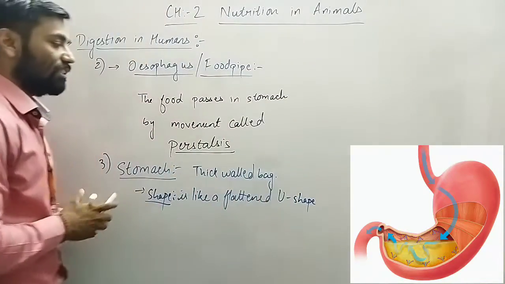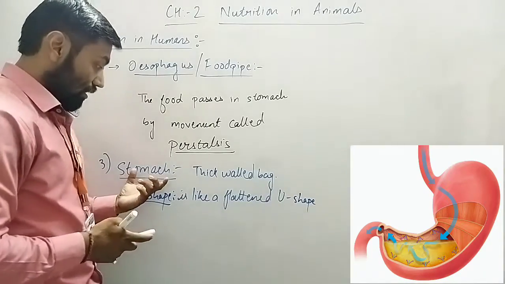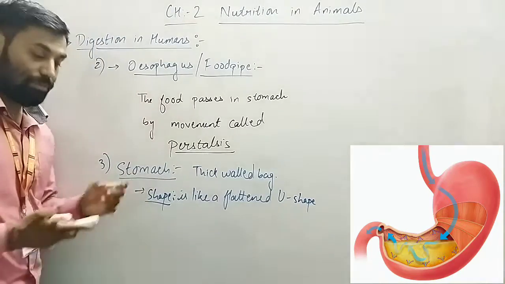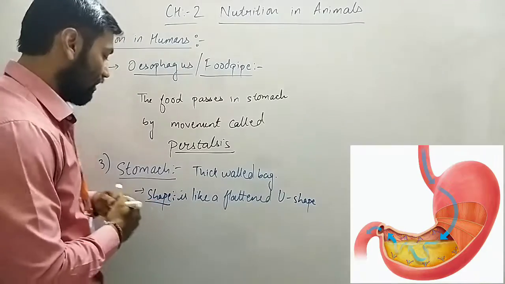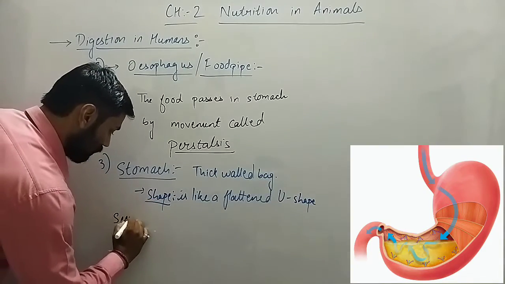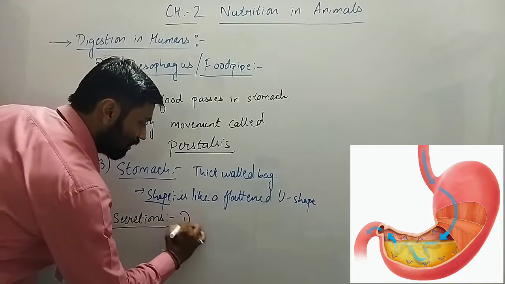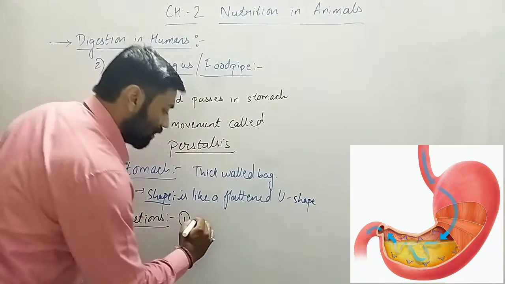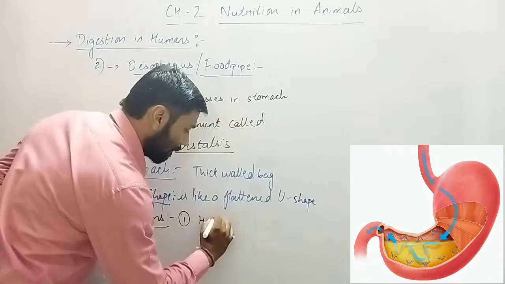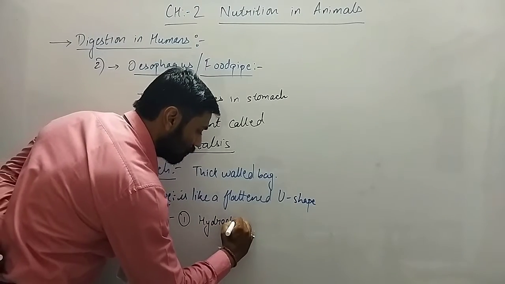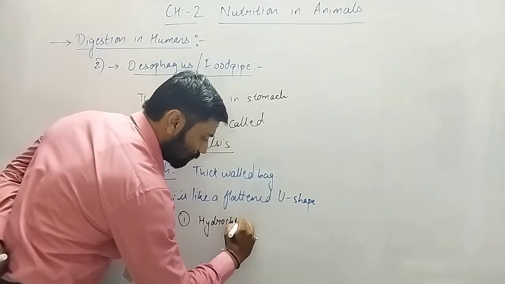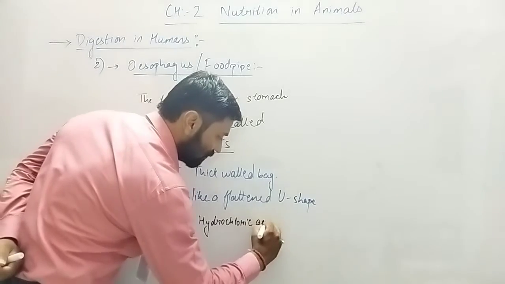Now what are the secretions secreted in the stomach? Three secretions take place. Number one is hydrochloric acid.